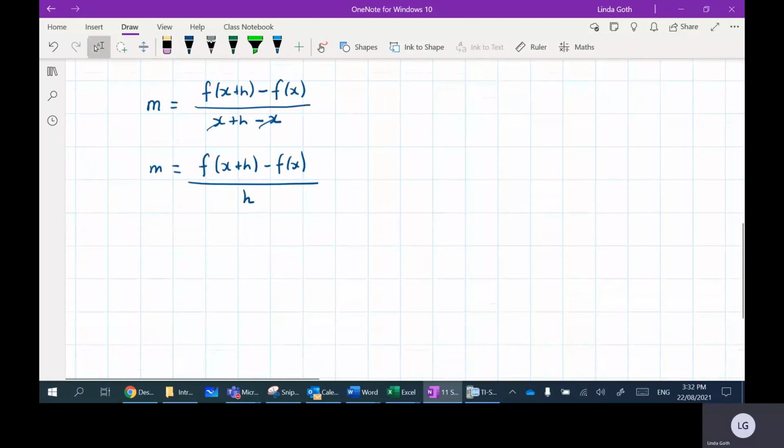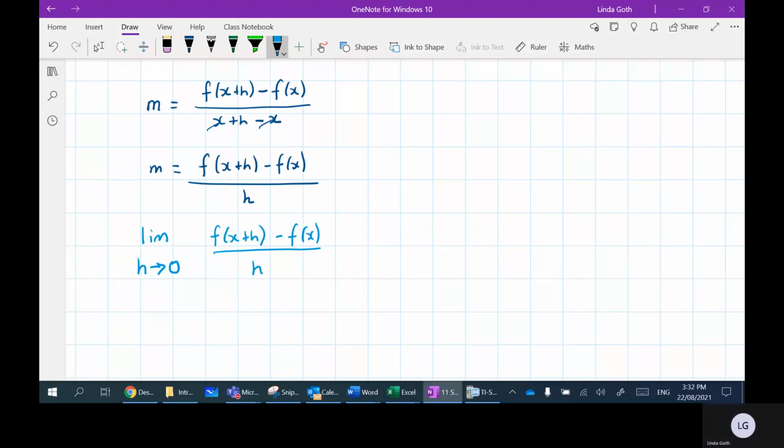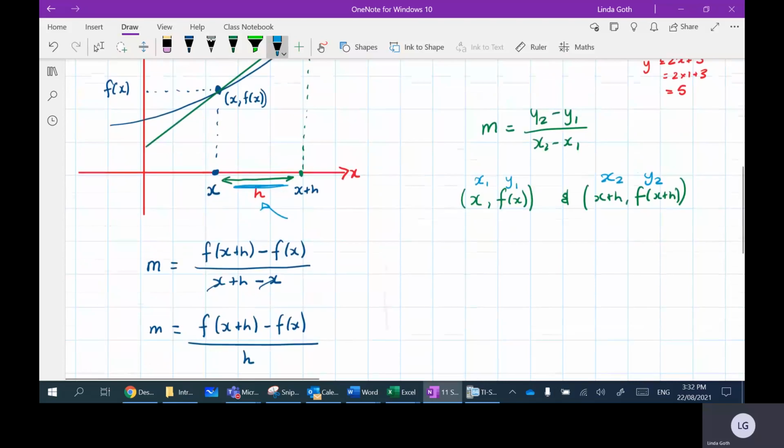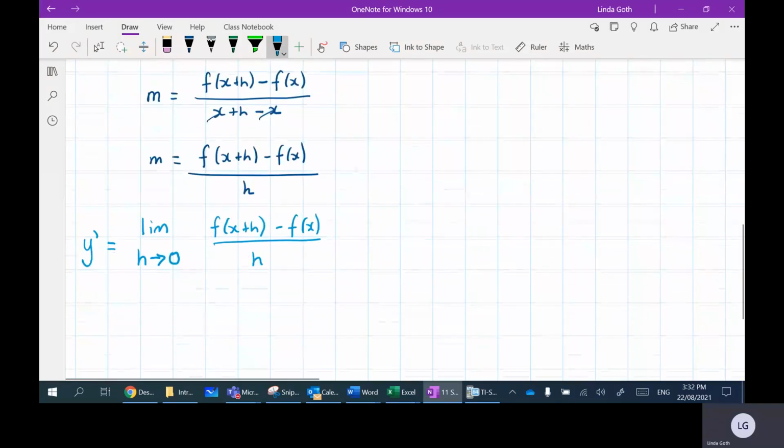What we're actually doing is we're taking a limit as h approaches 0 for this particular formula, f of x plus h minus f of x all over h. And that's how we're going to find our gradient of the tangent to this function anywhere along that line. So we're saying that y dash can be found by making this value of h shrink to nothing, and that was going to give us our gradient of the tangent.